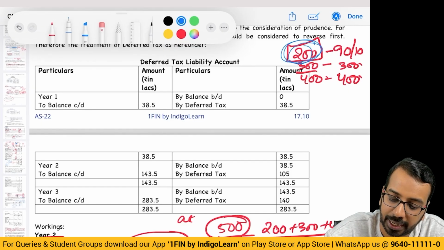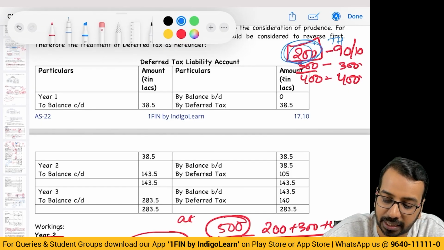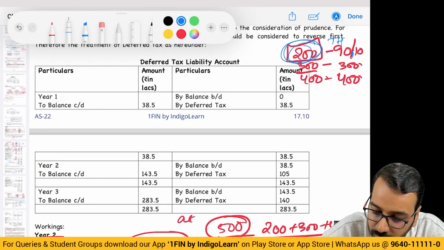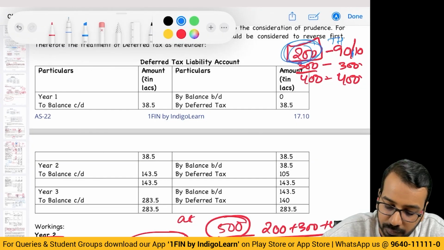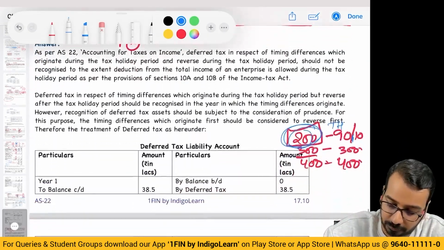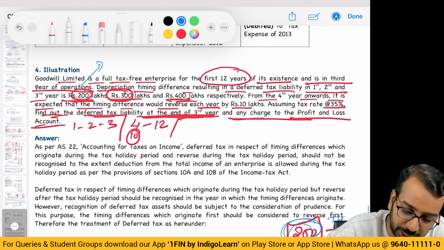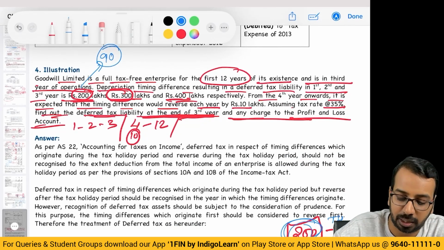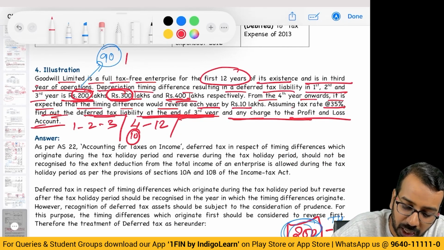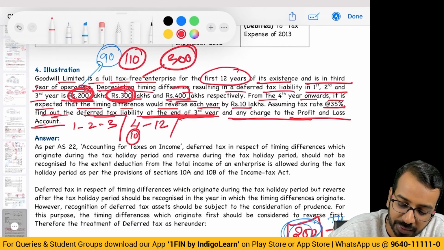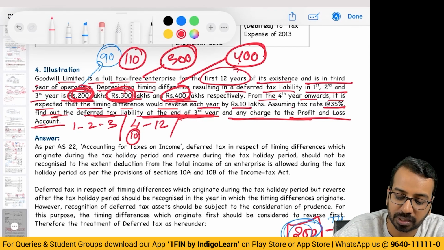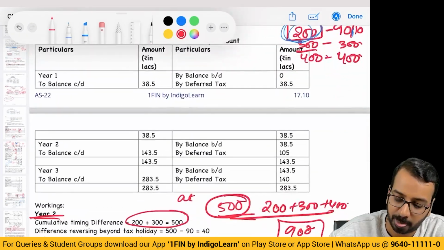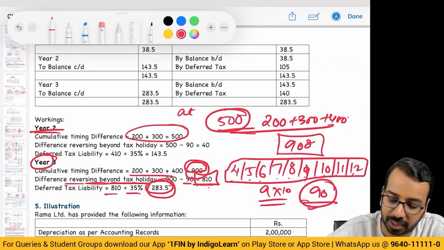Out of this 200, 90 gets reversed during the tax holiday period and 110, not 10, gets reversed subsequently. Out of this 300, entire 300 gets reversed subsequently. Out of this 400, entire 400 gets reversed subsequently. So 400 plus 300, 700 plus 110, that is what brings us to 810.